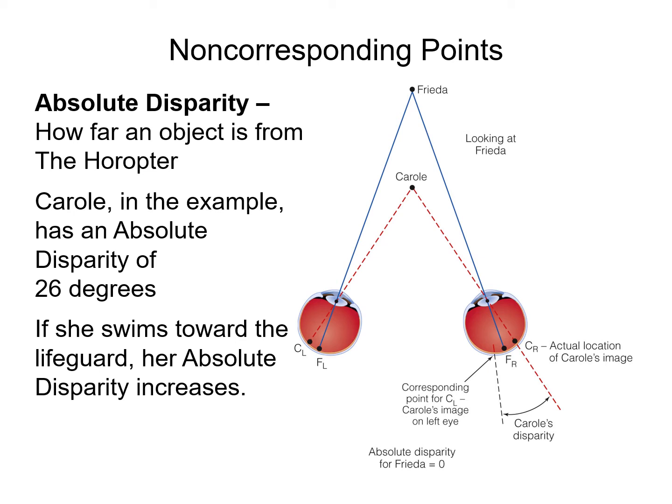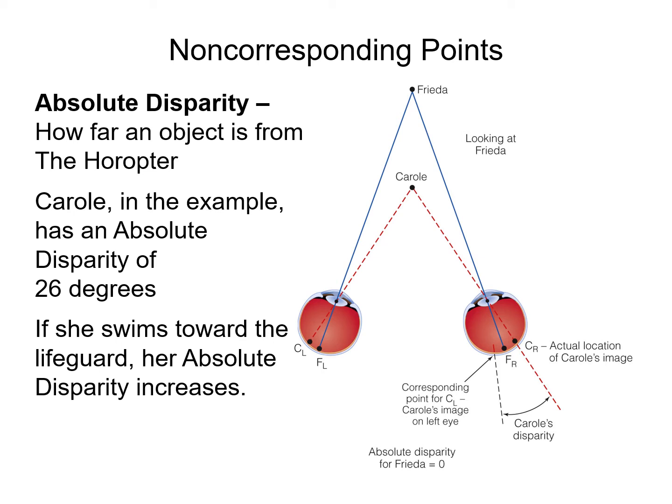About 180, I think it's more like 190 degrees. We have these retinas back there that are about 190 degrees of a circle. So she's going to be 26 degrees off; those two non-corresponding points are going to be 26 degrees different, if you will.